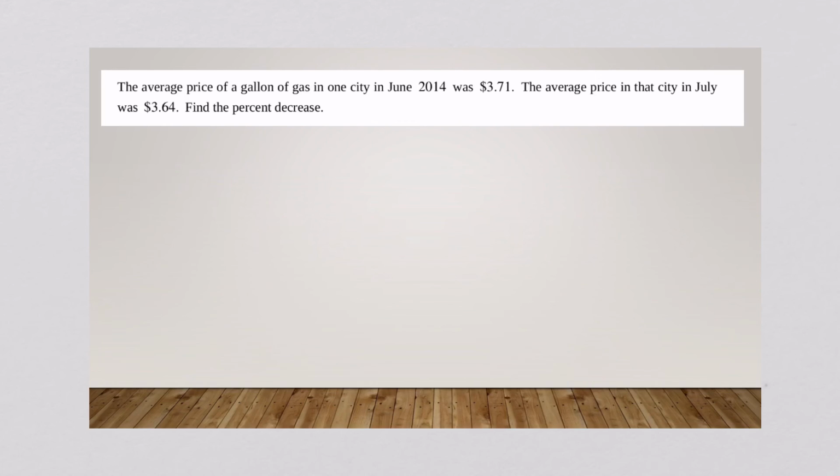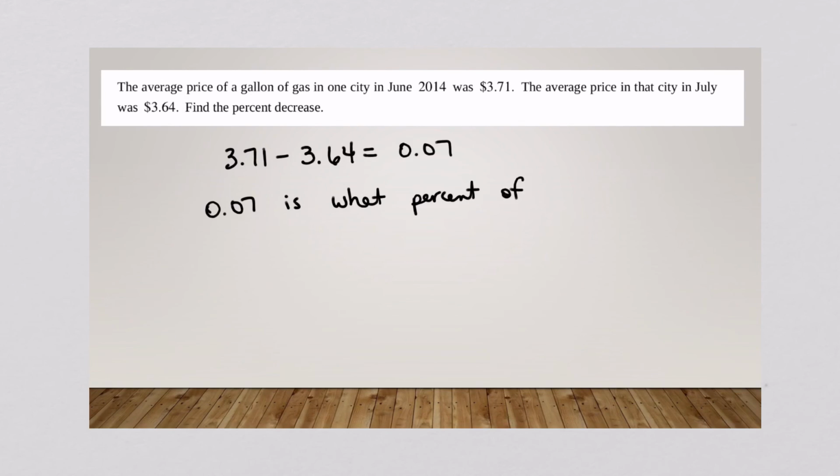So we're going to do the original minus the new to get our amount of decrease. So it went down 7 cents. And so now 7 cents is what percent of, and you always go back to the original amount.